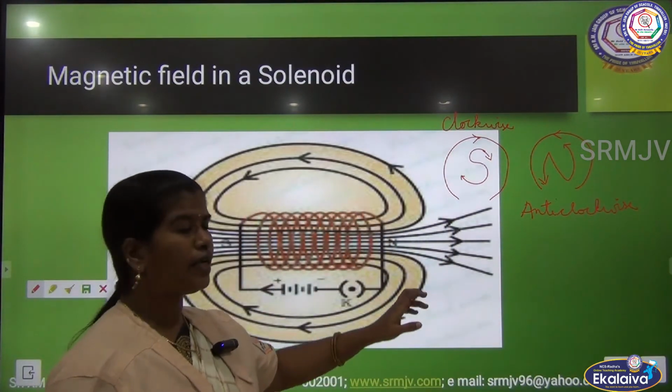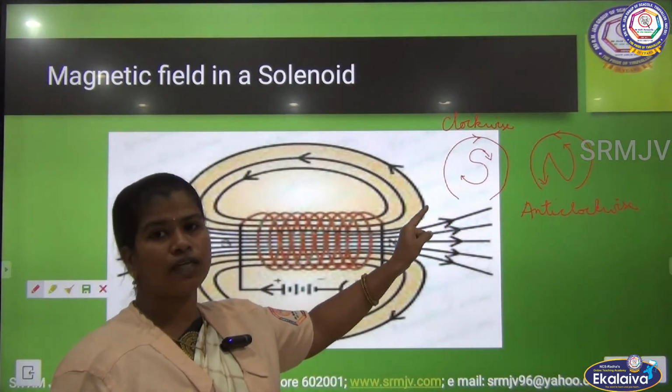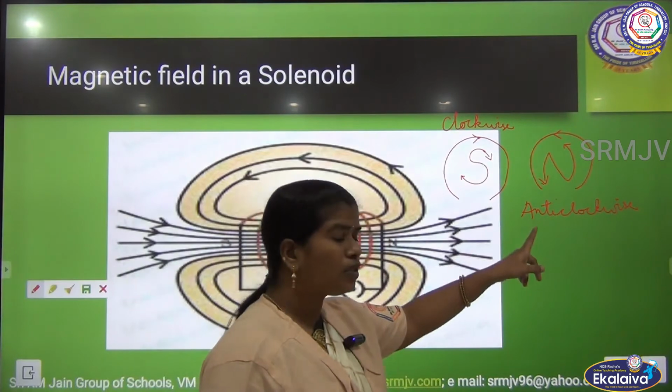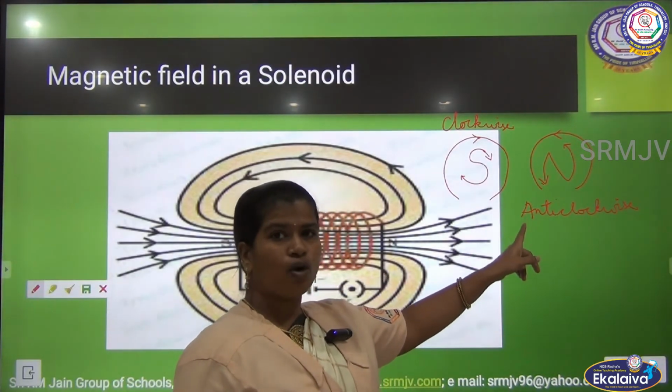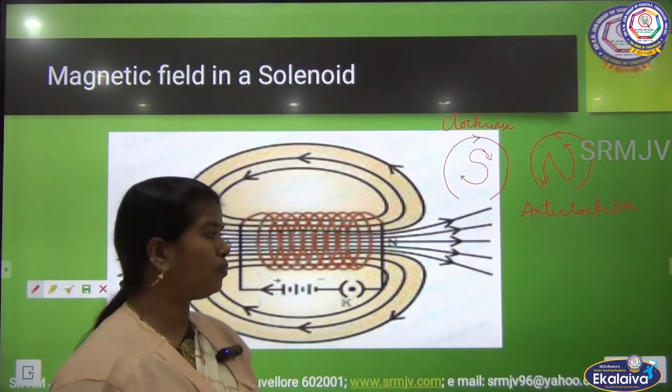Let me repeat it again. If the current flows in the clockwise direction, that terminal will behave as the south pole, and if the current flows in the anti-clockwise direction, that terminal will behave as the north pole.